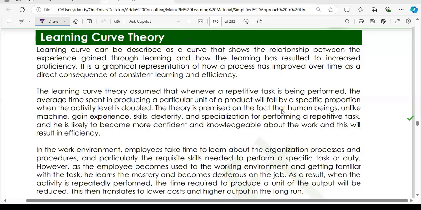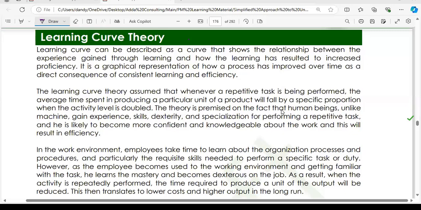It is believed that human beings, unlike machines, will become dexterous on the job. We become skillful as a result of our past experience. Confidence is a function of experience, so it is experience that will build the confidence.